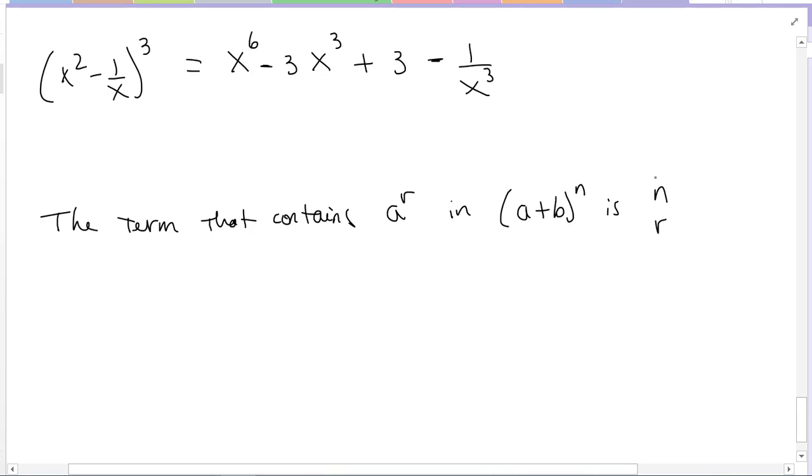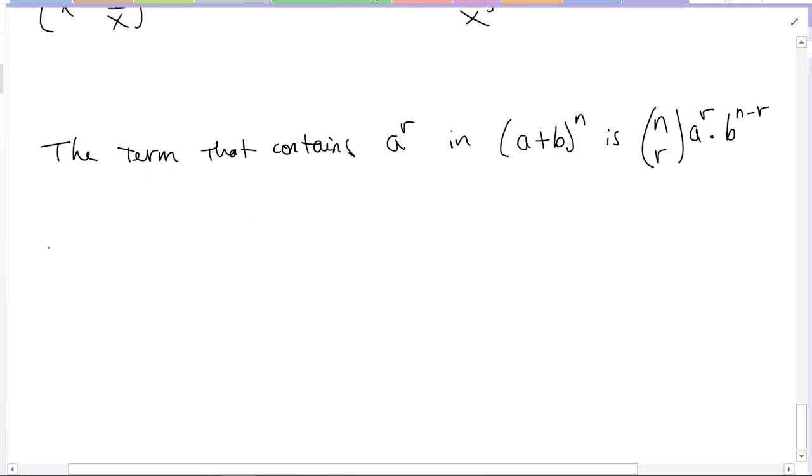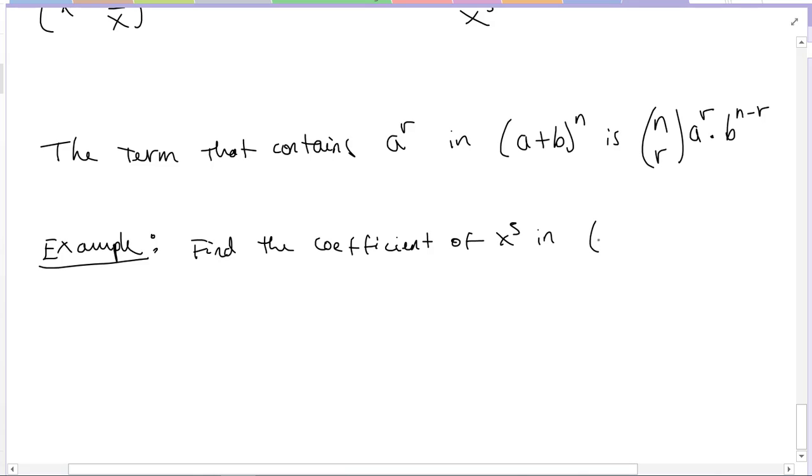So it's n choose r times a to the r b to the n minus r. So say we want to find the term that contains x to the fifth in an expansion. So find the coefficient of x to the fifth in the expansion of, say, (x + 3) to the 8th.